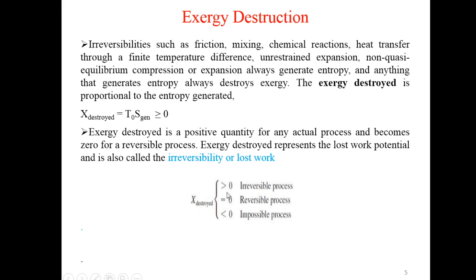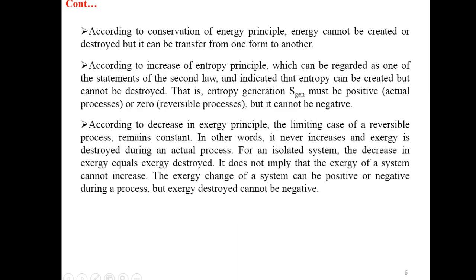So exergy destroyed greater than 0 represents irreversible process, equal to 0 represents reversible process, less than 0 represents that the process is not possible. According to conservation of energy principle, energy cannot be created or destroyed, but it can be transferred from one form to another.